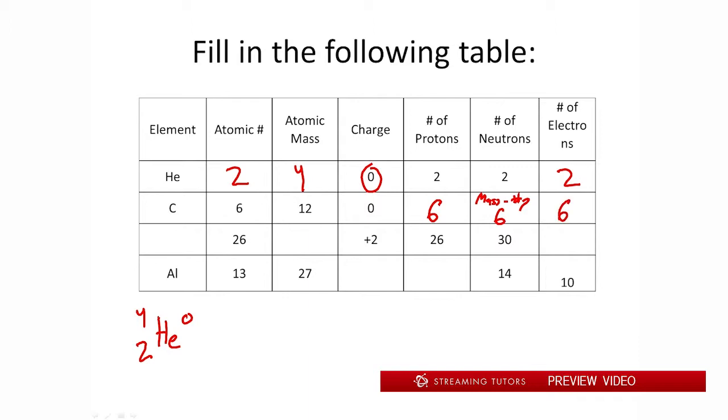Now in this next one, we don't know the element. But using the periodic table, we can figure out which one it is. So if you look at your periodic table, you'll see that element number 26 is iron. We also know that there's 26 protons and 30 neutrons. So 26 plus 30 is 56 for our atomic mass number. Now in this one, we have a positive 2 charge.